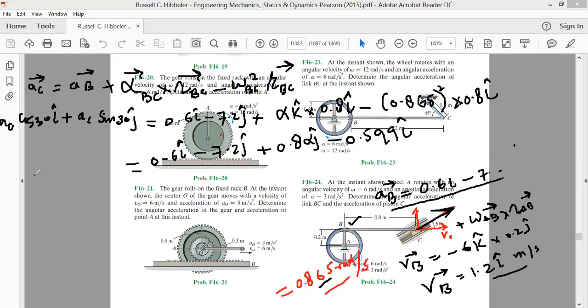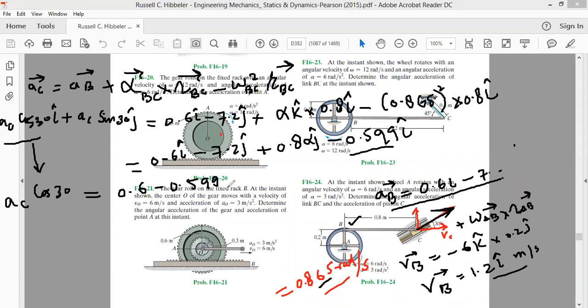So now let's balance the I and J caps. Balancing the I cap, equating the I component, AC cos 30 becomes equal to 0.6 I cap minus 0.559 I cap.